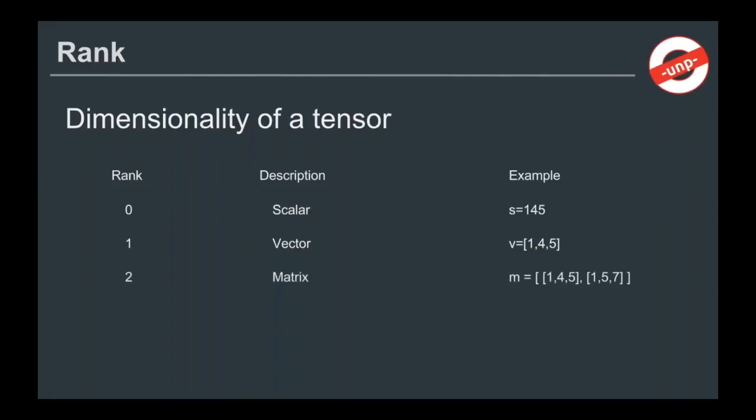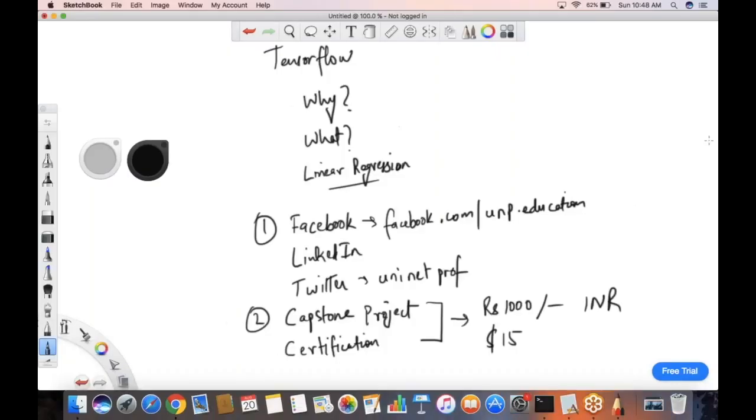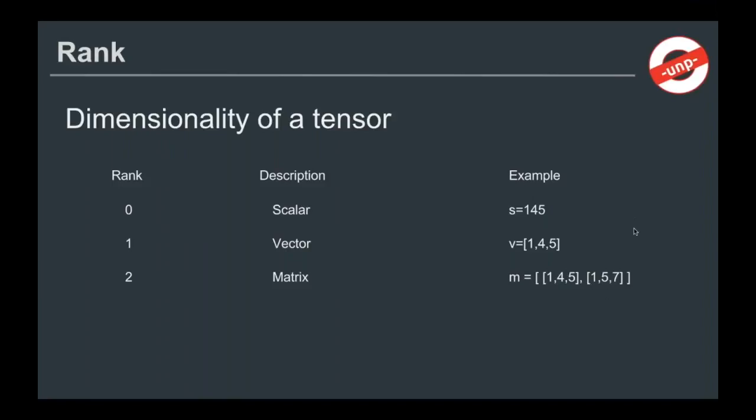Rank 2 can be a matrix of values, wherein this is essentially represented as a matrix. So typically whatever matrix we have seen, 1, 4, 5, 1, 5, 7, this is getting represented like this, which is 2-dimensional rank and goes by the name of matrix.